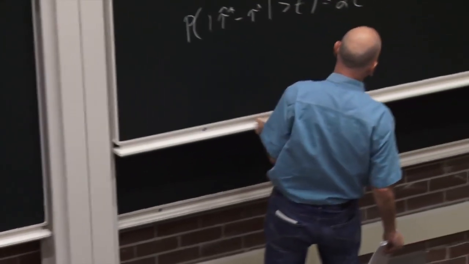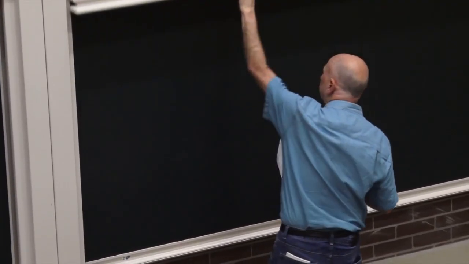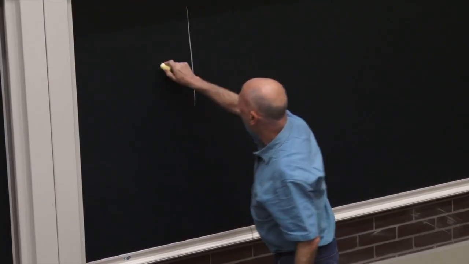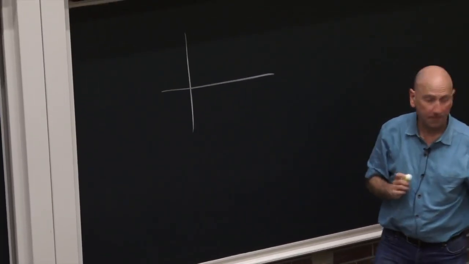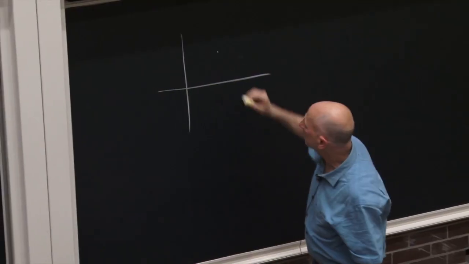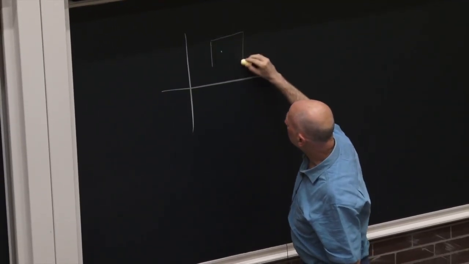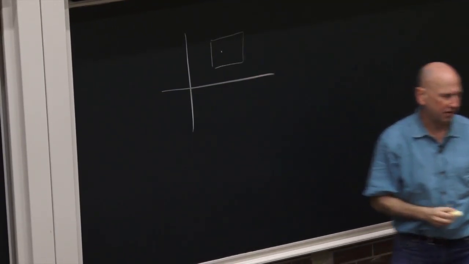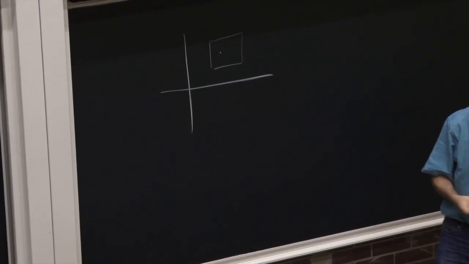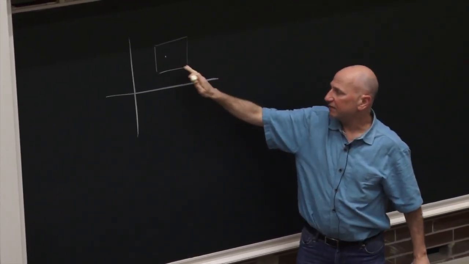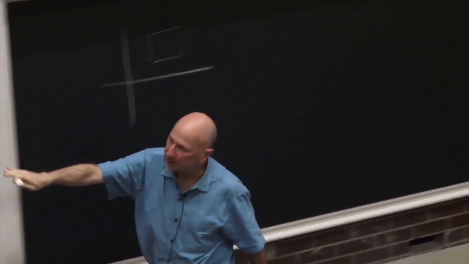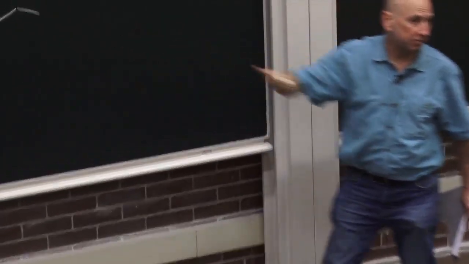Just to give you a picture of that, there are d squared parameters, but suppose there were only 2 parameters. I'm going to construct a confidence cube, or confidence rectangle. It's going to be a confidence set for the entire vector, or matrix in this case, of d squared parameters.